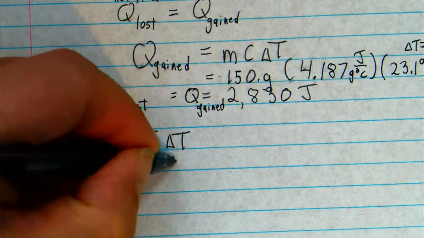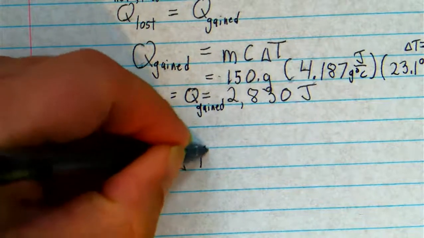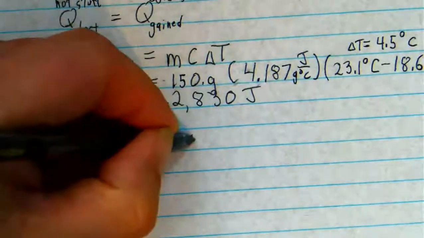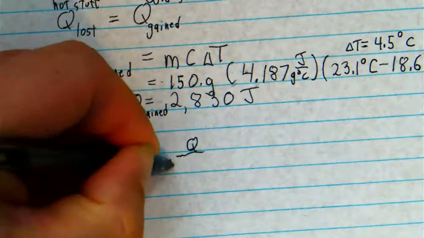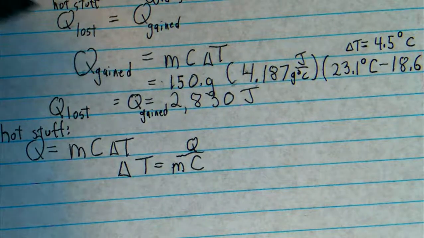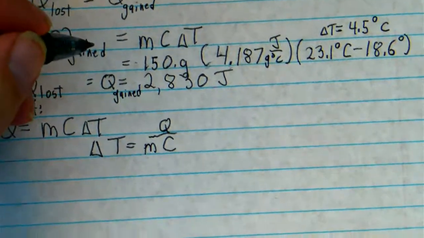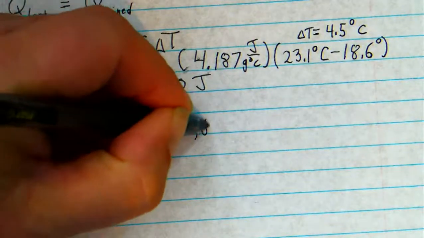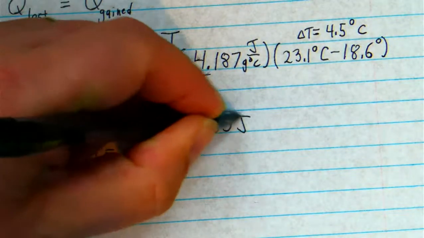We're going to rearrange the equation to solve for delta T. Delta T is equal to Q divided by m divided by c. The numbers that we're going to plug in are 2,830 joules.